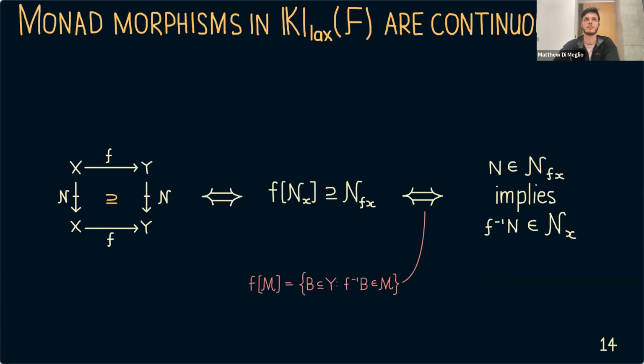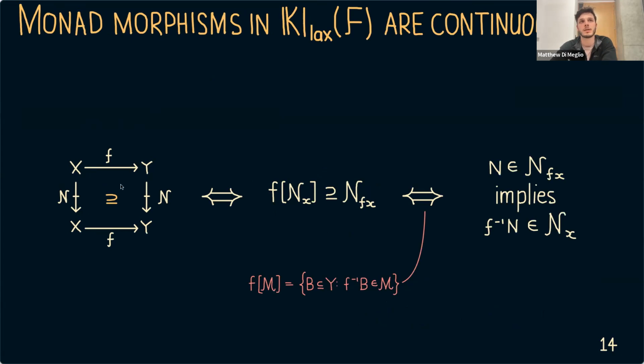So moving back to the topological example, it turns out that the monad morphisms in this lax Kleisli double category of the filter monad are actually continuous maps. So let's have a think about that. So when I have a cell like so in this double category, so I have the topological spaces X and Y given by their neighborhood filters, and I have some function F from X to Y, and recall that a cell either exists or it doesn't.